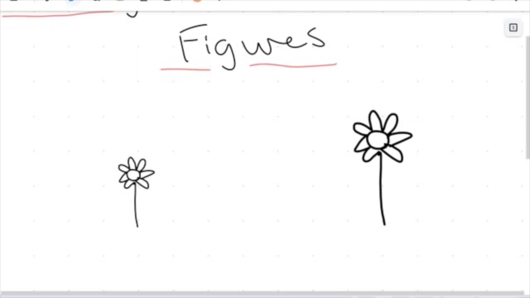So we're moving on from congruence, this idea of something being completely the same, to the idea of something being very similar, similar in proportion, similar in just how it looks in general, but it has been either enlarged or shrunk down. Now this particular flower that I've drawn, going from this to this is probably what you'd see on your phone as a 2x zoom.